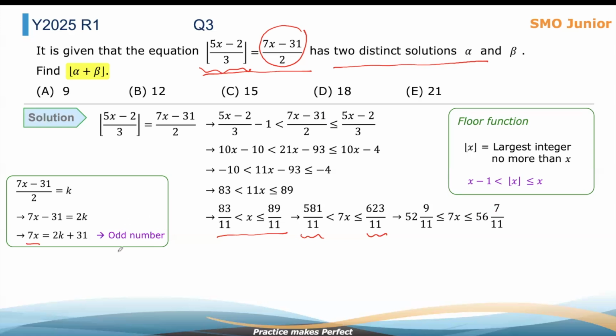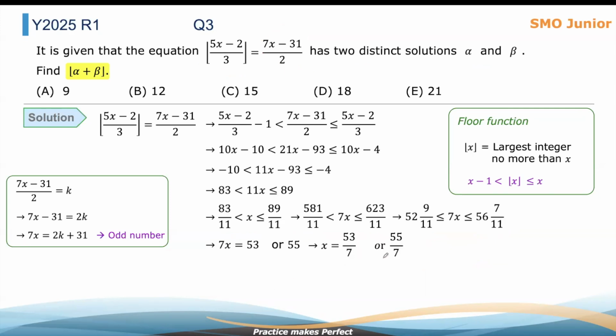7x is an odd number. So between this, we can get 7x will equal to 53 or 55. So x equals 53 over 7 or 55 over 7.